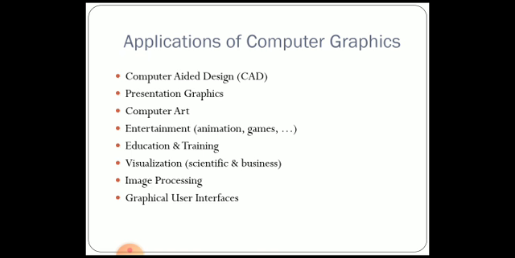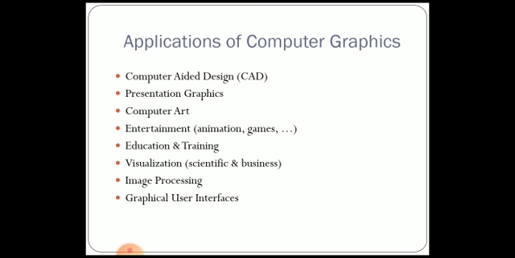There are many applications of computer graphics, which are represented over here. Computer aided design. Most of you are well aware of this particular software. Computer aided design is nothing but to design anything with the help of a computer. Aid is nothing but the help, right?